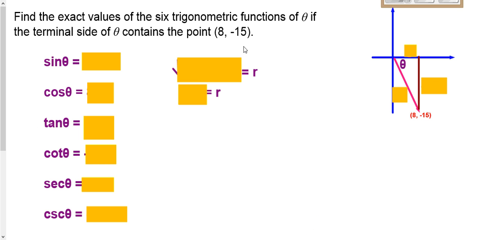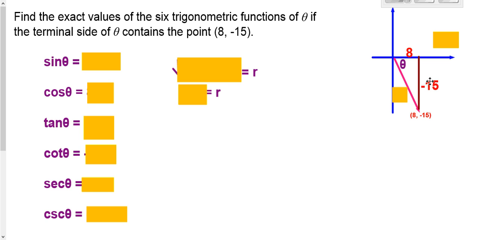So here, you're given a point, and you're asked to find your 6 trigonometric functions. What I would do is first draw my xy axes and plot my point. Go 8 to the right and 15 down. If I go 8 to the right, I would know this is x. If I go 15 down, I would know that this would be negative 15.